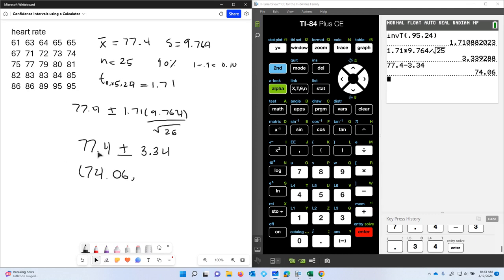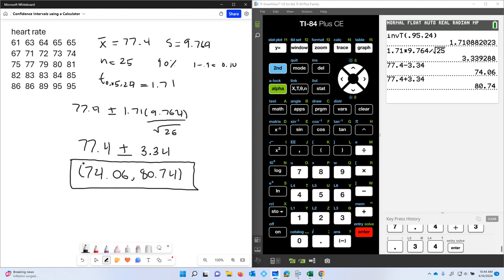Then we take the sample mean that we found and add the margin of error, and we get 80.74. So what this means is that we are 90% confident that the average heart rate in beats per minute is somewhere between 74.06 and 80.74.